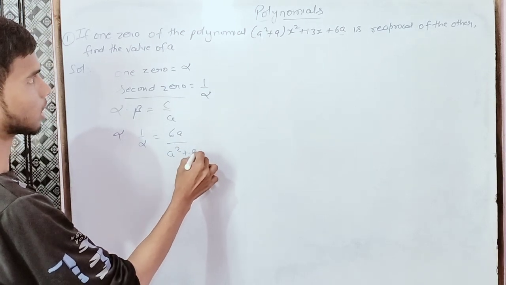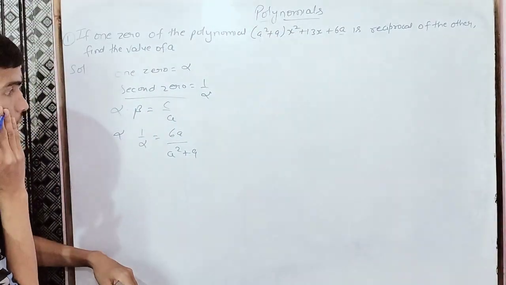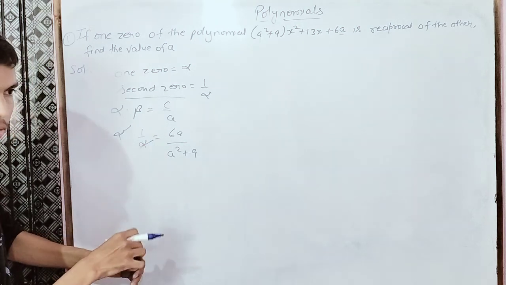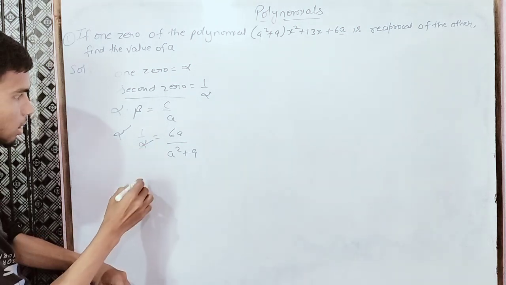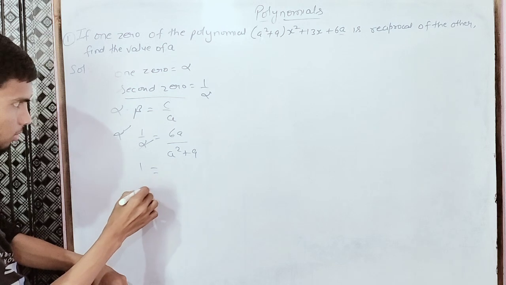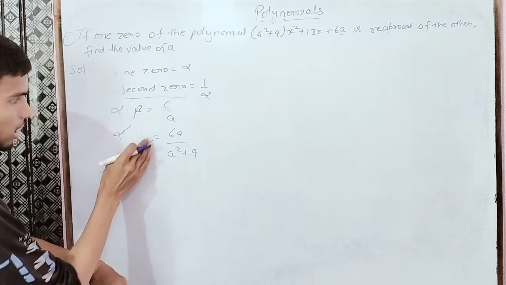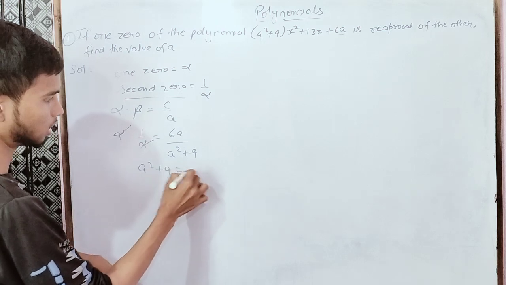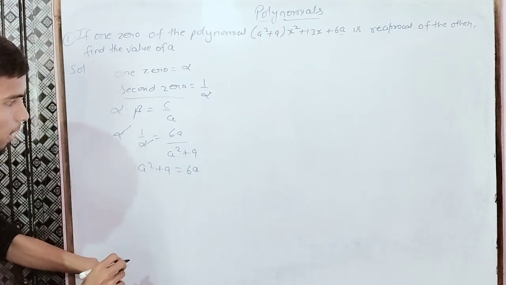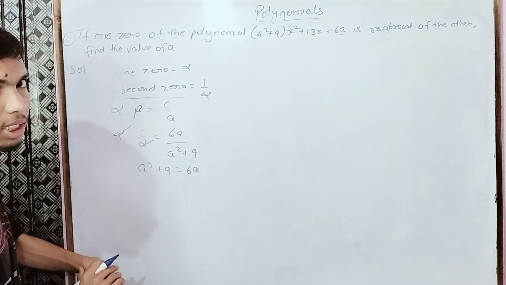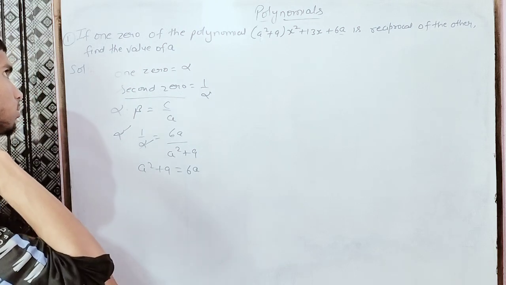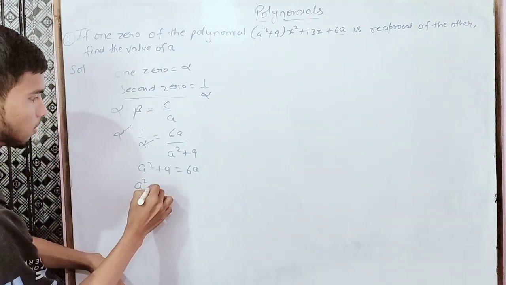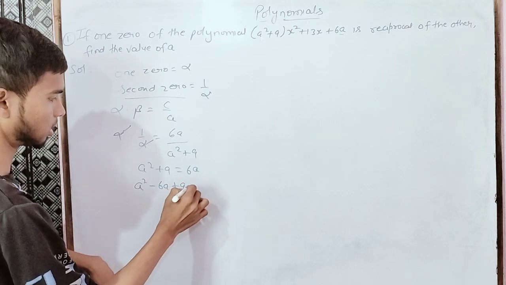A square plus 9. Now we have to simplify this. Alpha will get cancelled out. Here only 1 will be left, and 6. So we can cross multiply. A square plus 9 is equal to 6a. We can arrange it in the general form of the quadratic polynomial. So a square minus 6a plus 9.